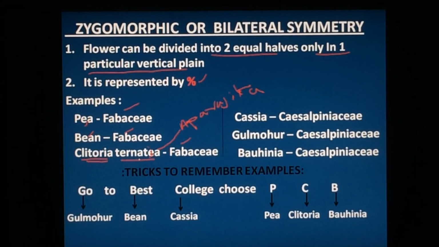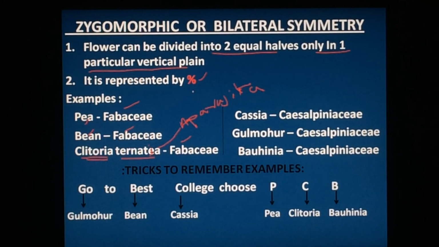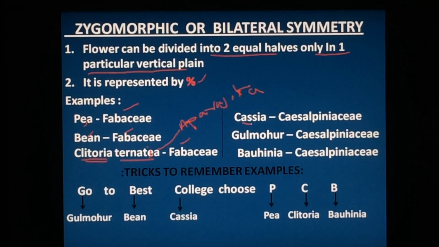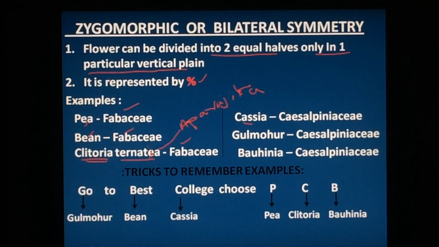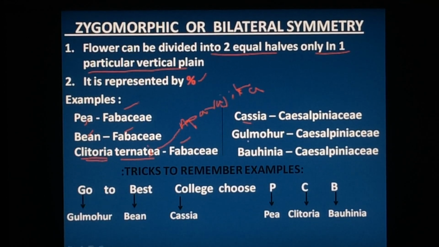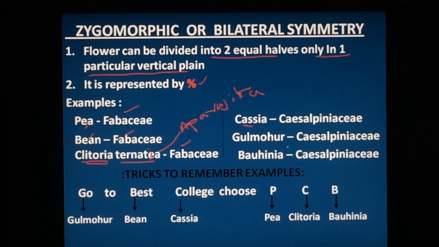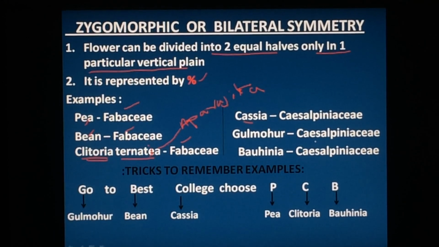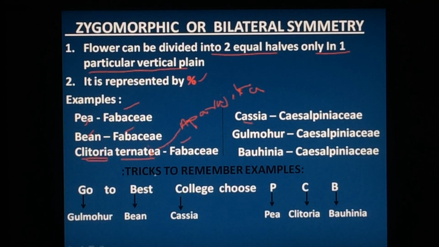How will zygomorphic be represented? By the percentage symbol. Apart from that, Cassia, which belongs to Caesalpinaceae, Gulmohar, Bauhinia. All these belong to Caesalpinaceae. What is the trick to remember?